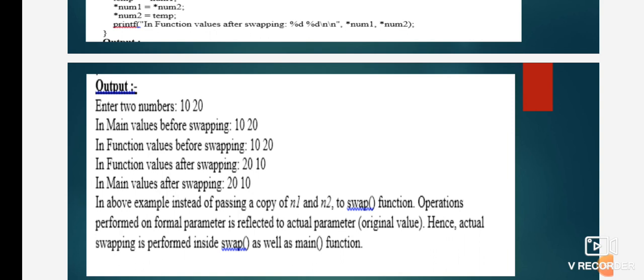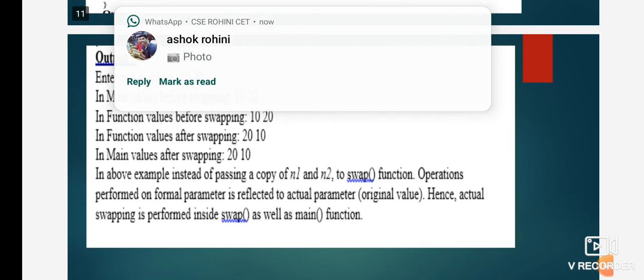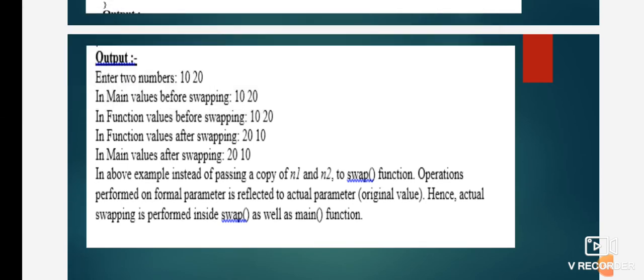That is the swapping process applied. In main, the value after swapping is 20 and 10. Right? In the above example, instead of passing a copy of n1 and n2 to the swap function, the operation performed on the formal parameter is reflected in the actual parameter, and hence actual swapping is performed inside the swap function as well as the main function. Right?